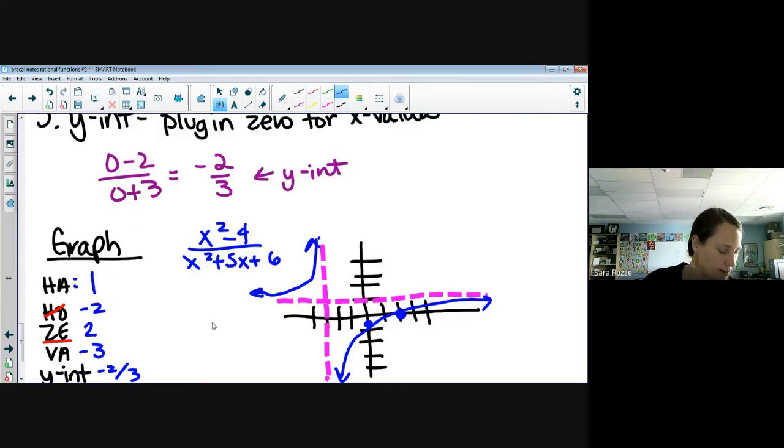And we have graphed everything on here except for what? We've done the horizontal asymptote. We've done the vertical asymptote. We did the x and y intercepts. We need to put the hole on there. So our hole's at -2. So you go to -2 on your x-axis, go to where your graph is, and you make a hole.